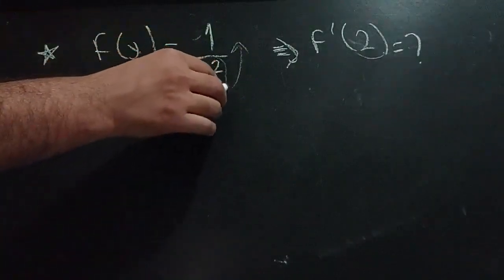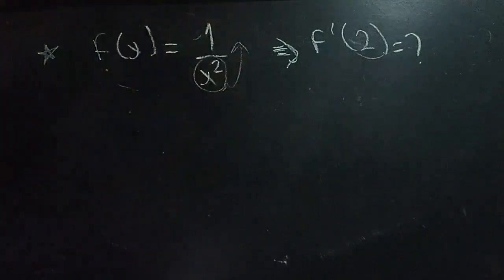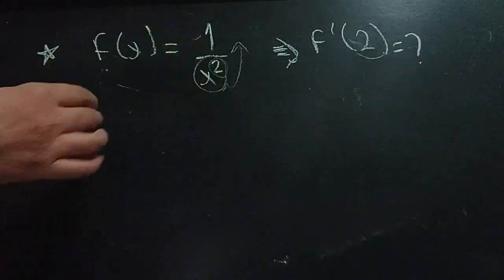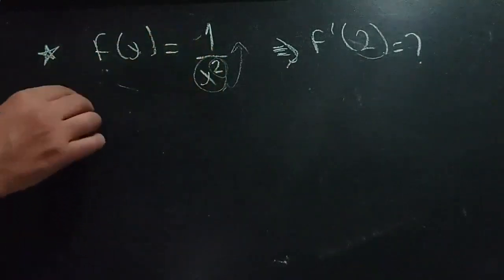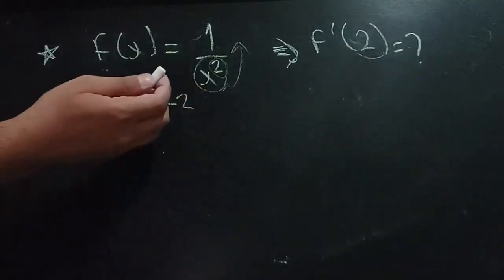When you change the place, if you bring it from down to up or up to down, the sign of this power will change. That will be f(x) equals x to the negative 2.